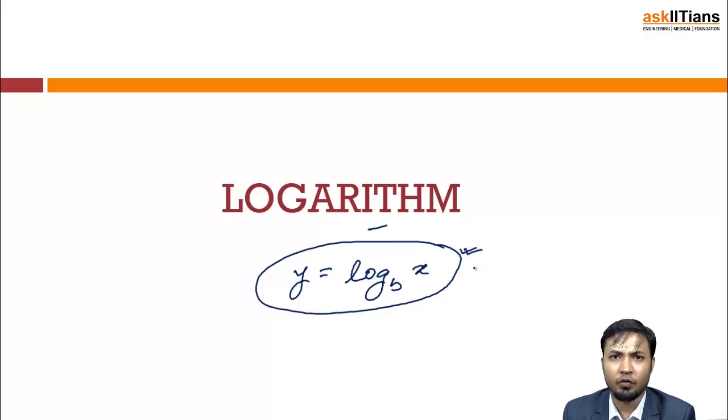It is derived from the form of exponents. When exponents become tough to calculate, they are converted into the form of log so that they can be easily evaluated. Now how do we do it? How do we convert from exponents so that we get easy evaluations through logarithm? We'll have a look at that.